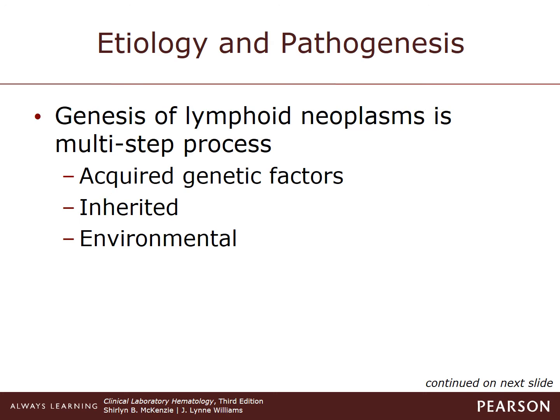A lot of the damage from these genes is with programmed cell death and can be associated with the BCL gene on chromosome 18 a lot of the time, and a lot of translocations. As for inherited genetic factors, some immunodeficiency syndromes, like the ones we discussed that caused lymphopenia, can be causes, as well as environmental factors. These are certain types of infectious diseases or viruses, such as Epstein-Barr or H. pylori, that could be causative agents.